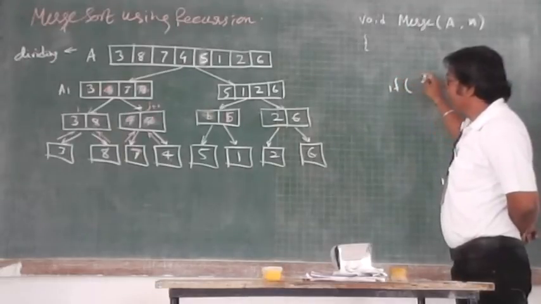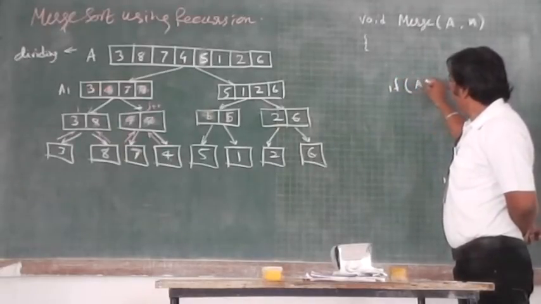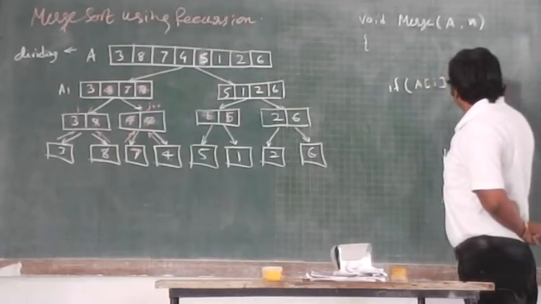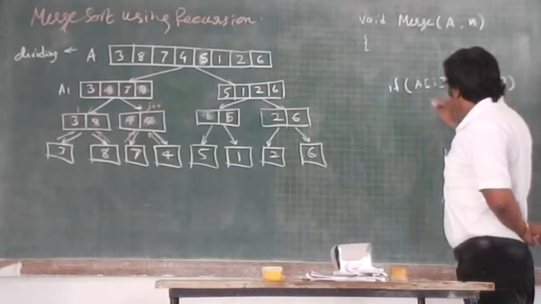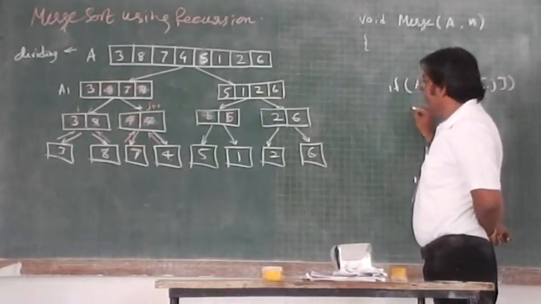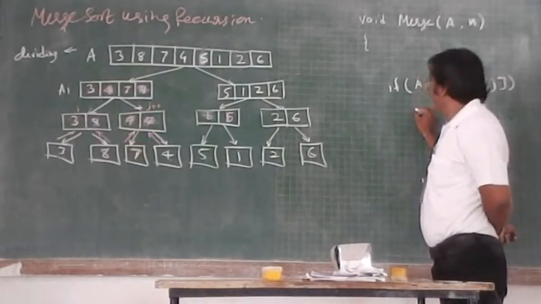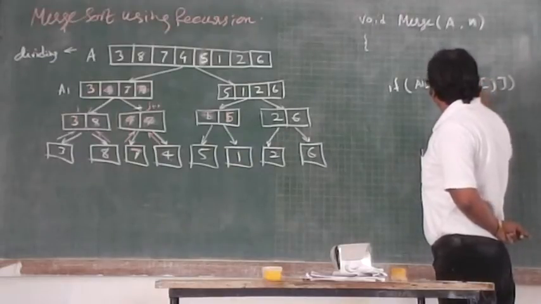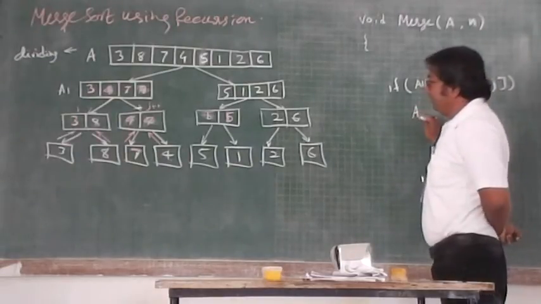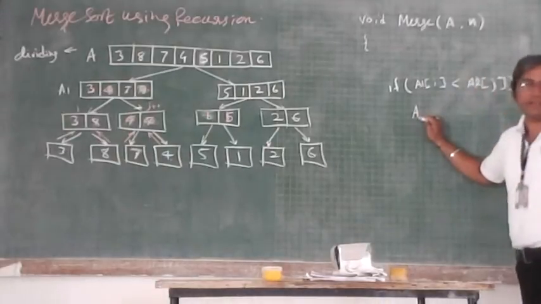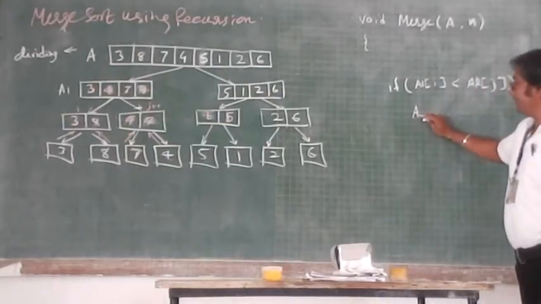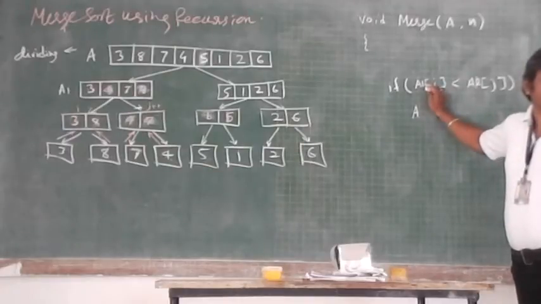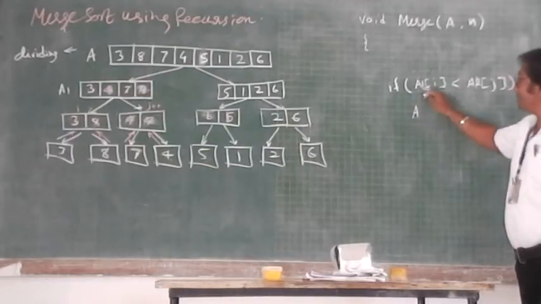If A of i is less than A of j, then what you did? A1 or A2. Then A is the parent array. A1 and A2 are the child arrays. A has been divided into A1 and A2.